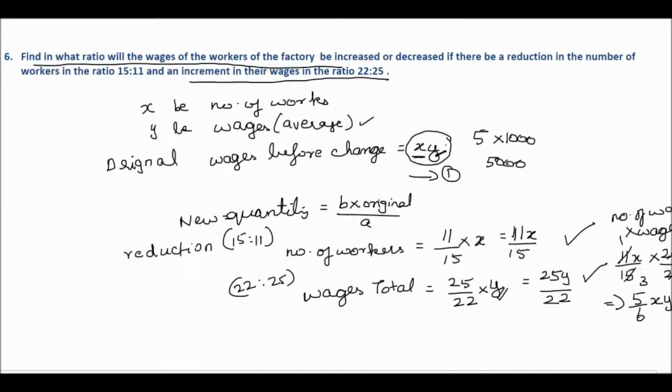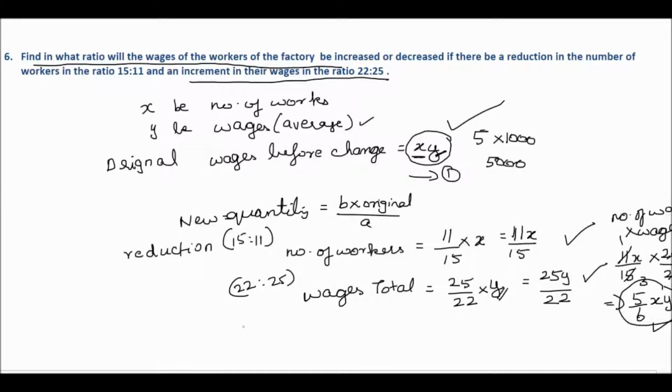So the total wage before change and after change is like this: it gets reduced from xy to 5 by 6 of xy.